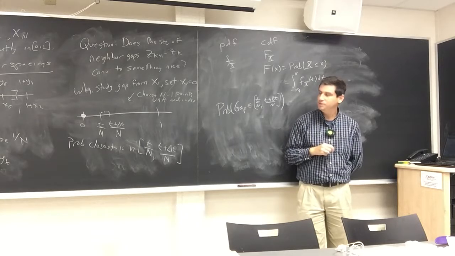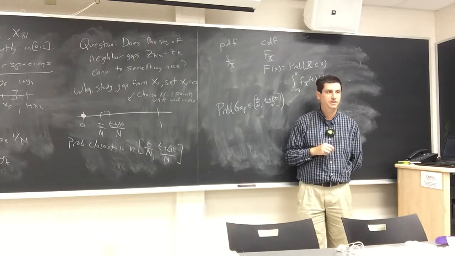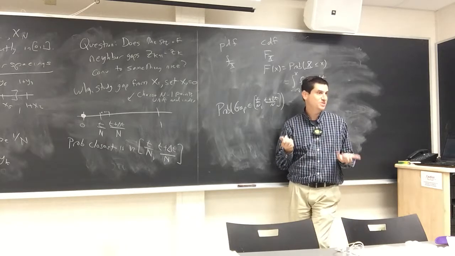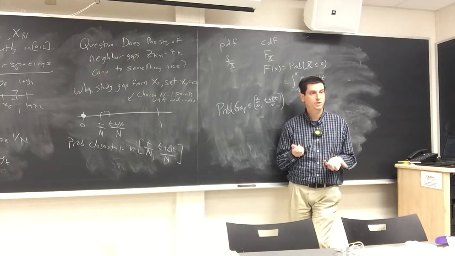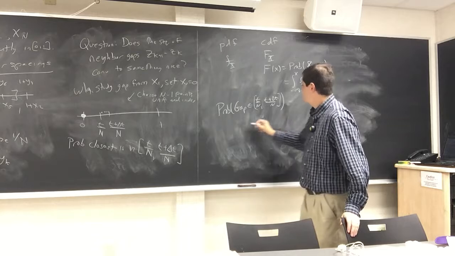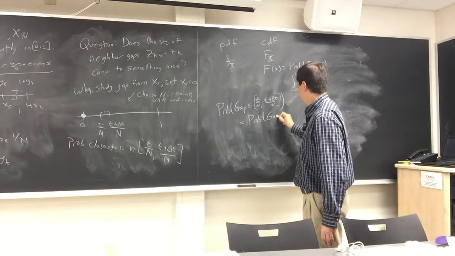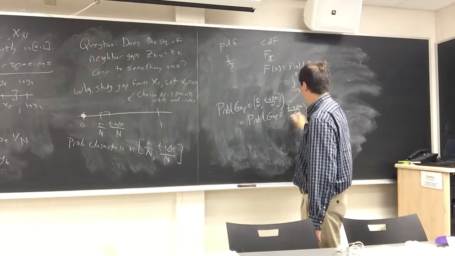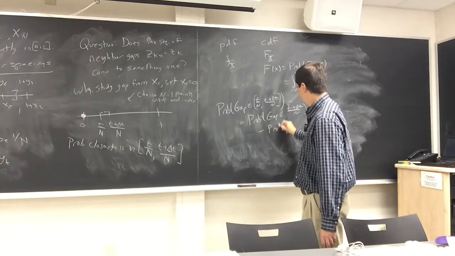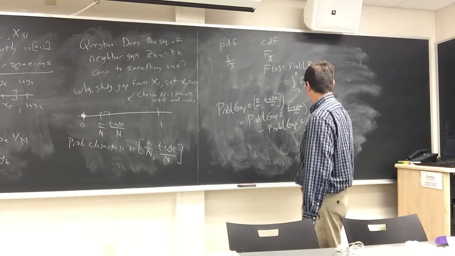If I calculate the probability that the first gap is at most t plus delta t over n, and I subtract the probability that it's at most t over n, then I'm left with the probability that it's in between. So this is just equal to the probability the gap is less than or equal to t plus delta t over n minus the probability that the gap is less than or equal to t over n.